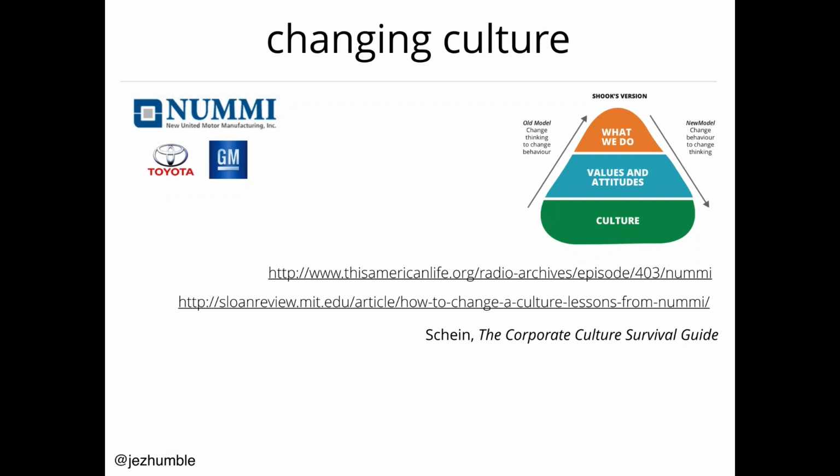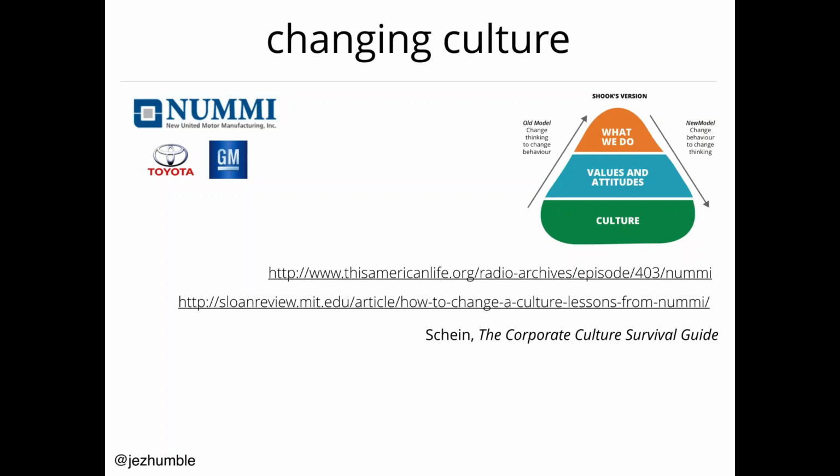At around the same time, GM and Toyota created a joint venture so GM could learn how to build small cars in an economic way, how they could learn the Toyota production system. Toyota wanted to build a new plant in America. They'd never built a plant outside Japan before. And so this joint venture was an attempt for them both to learn from each other.